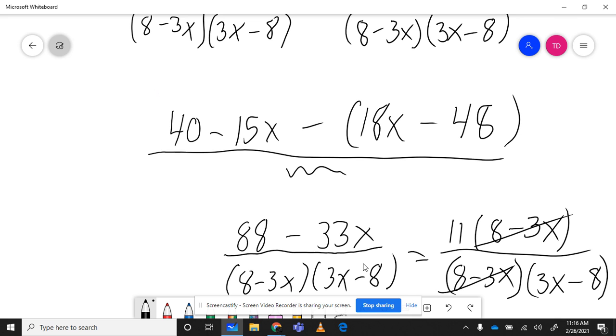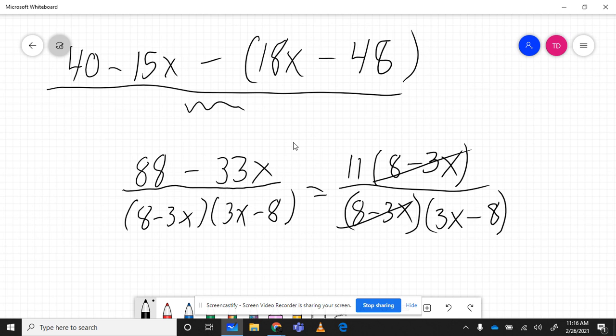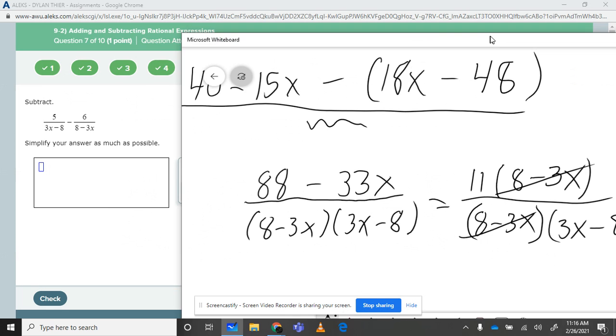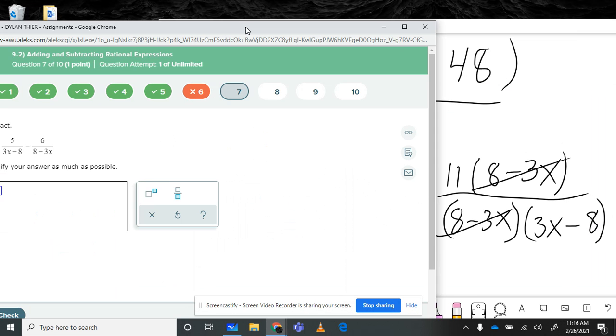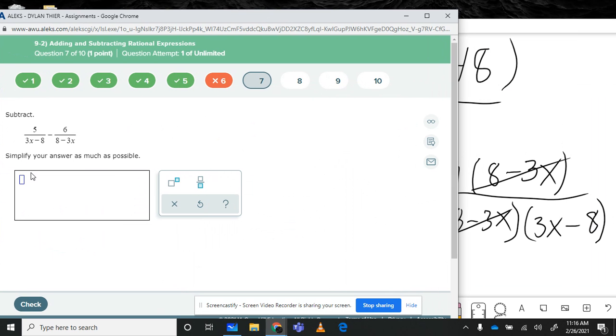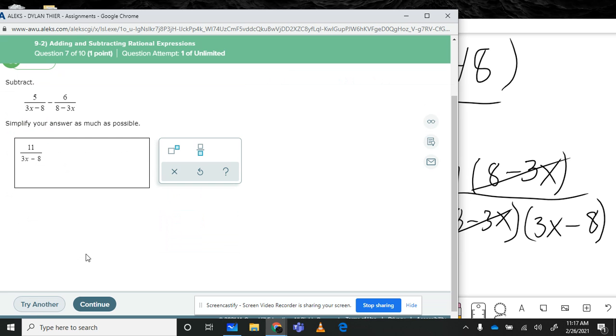So maybe the advice I should give you is to not multiply the denominators. Just keep them in factored form. Let's see if this one works. 11 x. Okay, it's interesting. 5 and 6 make 11, and then we just have the original part.